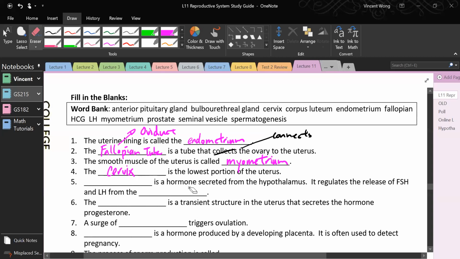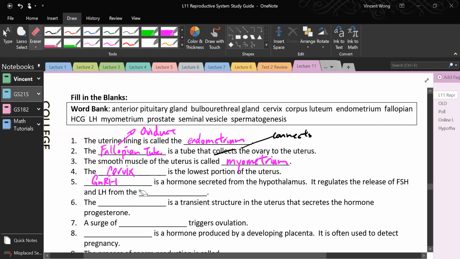Next one, something is a hormone secreted from the hypothalamus that regulates the release of FSH and LH. That is the GnRH. It's okay to use the short form, but it's a good idea to remember at least what they stand for, because the name usually tells you what it does.